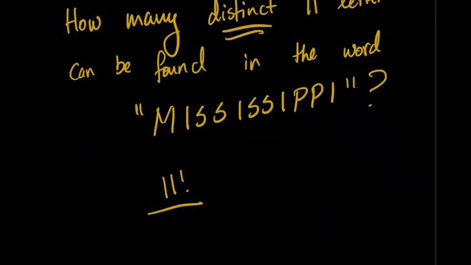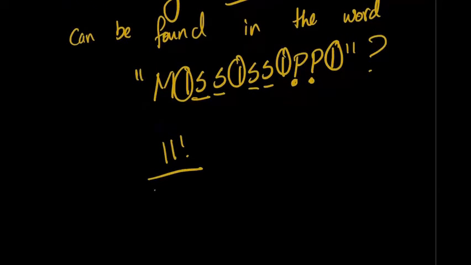So here, as we can see, the letters I and S are being repeated 4 separate times. And the letter P is being repeated 2 times. Well, to avoid getting the same word over and over again, we can divide out the different arrangements of the S's, the P's, and the I's whenever they're switching themselves around within themselves.